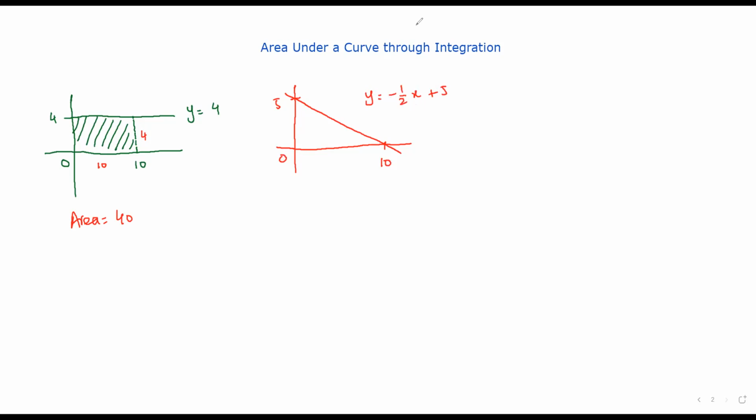Now suppose I want to find the area of this triangle. So what will be the area of this triangle? 25. Yeah, because you know that this is 5 and this is 10, and then the area is going to be half into 10 into 5, so that will be 25 units.